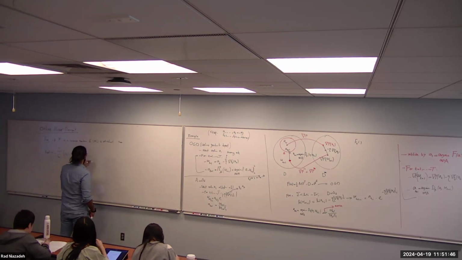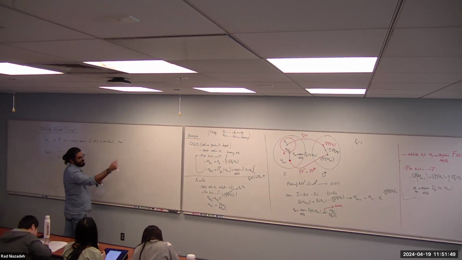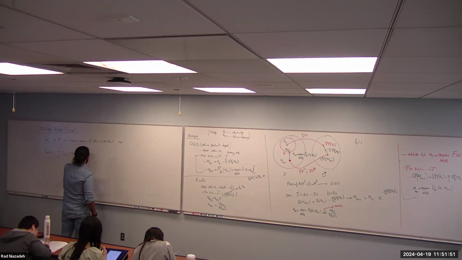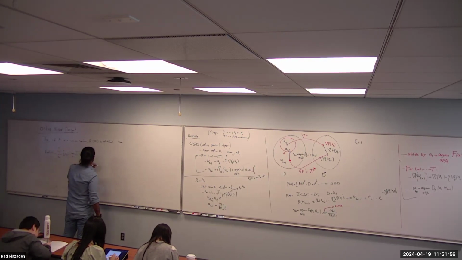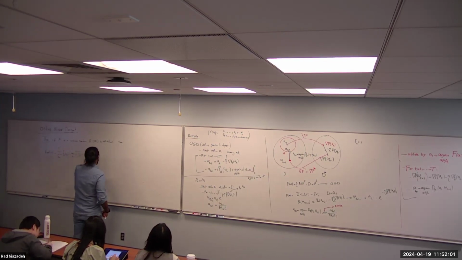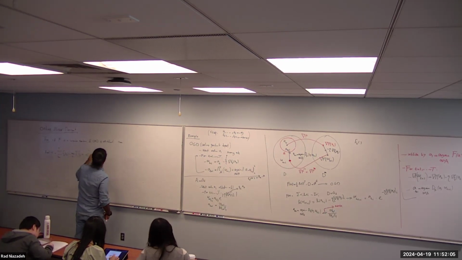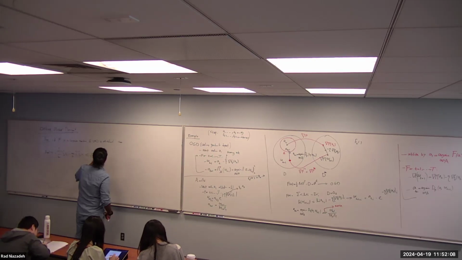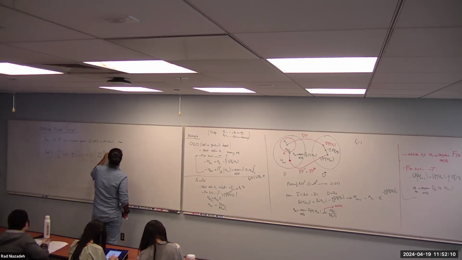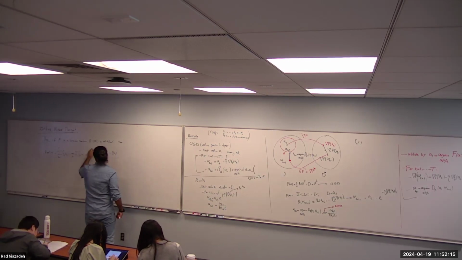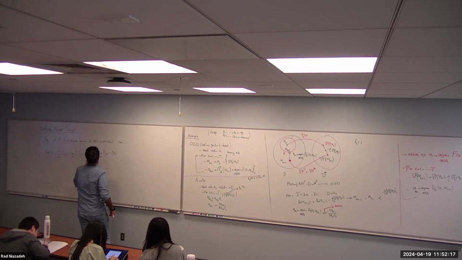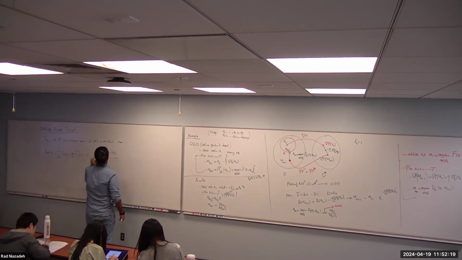Given learning rate eta, the regret is at most 1 over eta times the max, or maybe sup is better, the supremum of f of A over all A in the action set minus f of A1. Let me actually separate them because later they'll play different roles.